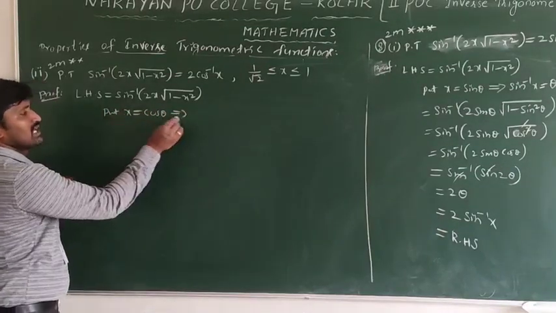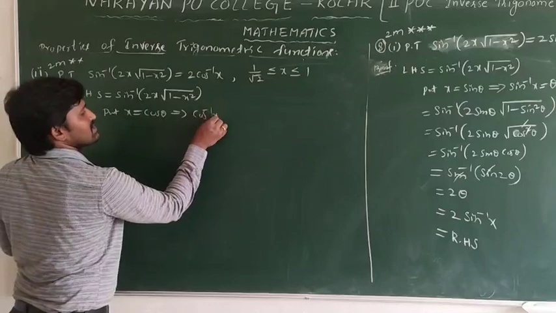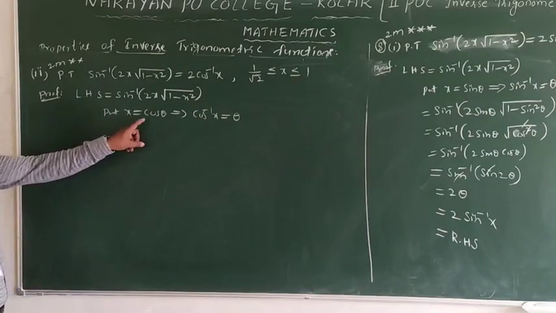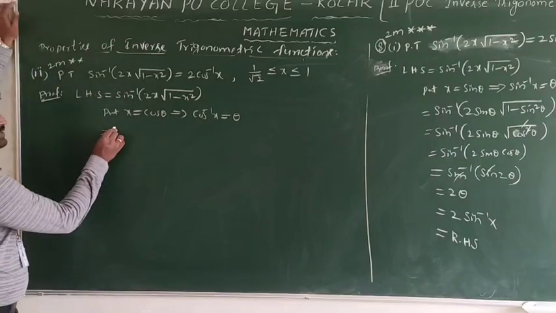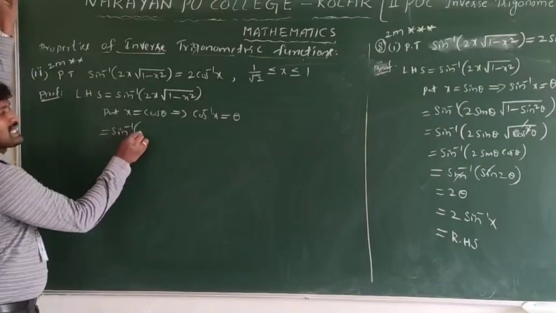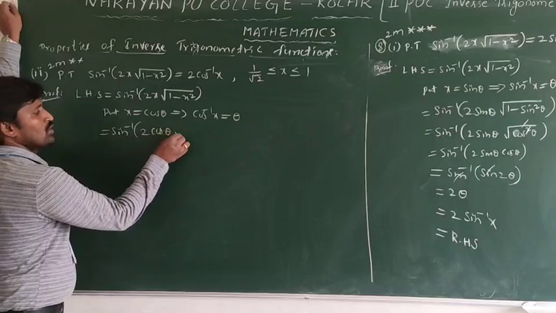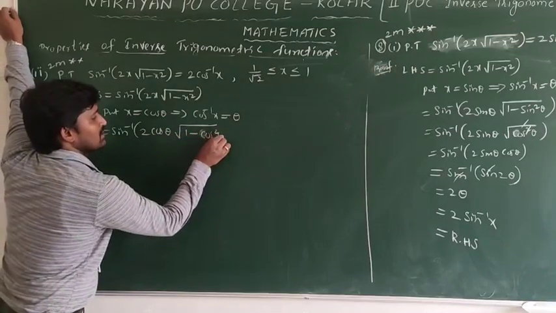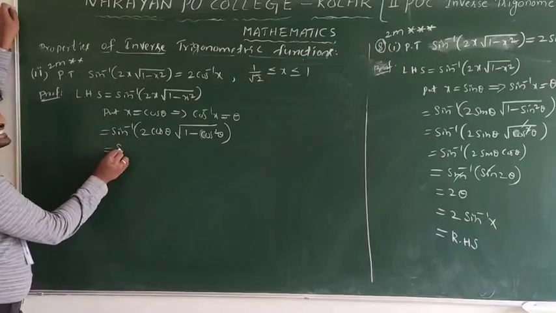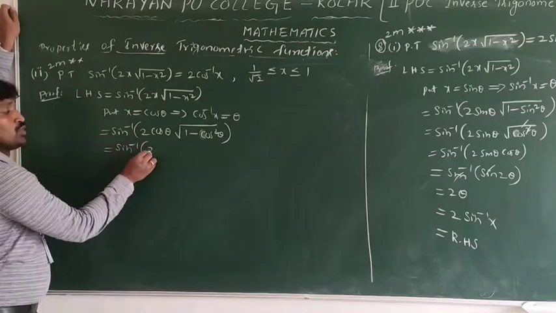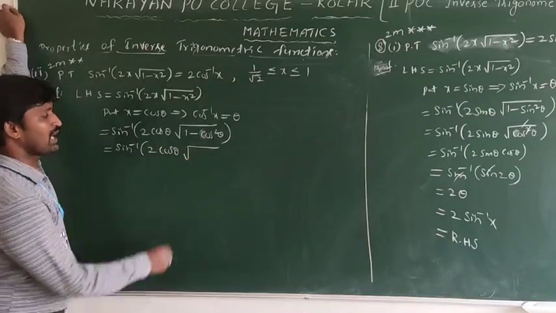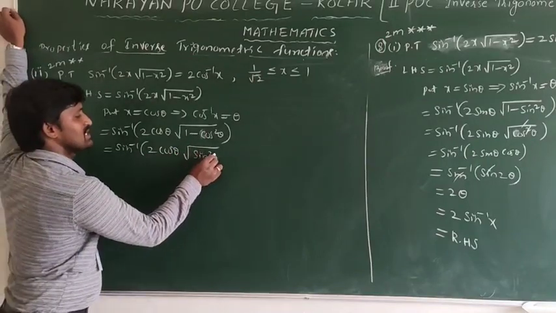What will we get for theta? Cos inverse x equals theta. Substitute the x value, cos theta, in the LHS. Sine inverse of 2 cos theta into root of 1 minus cos square theta, which is sine square theta.